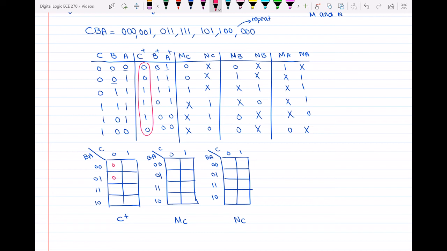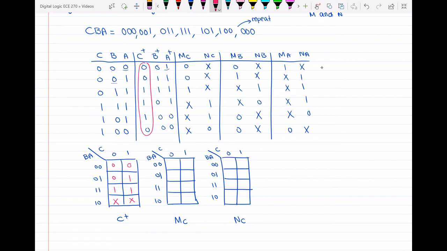Then 0, 1, 1 will be equal to 1. Then 1, 1, 1, we have 1. And then 1, 0, 1, we have 1. And 1, 0, 0, which is this cell here, we have 0, right? So you see that we don't have anything here, so we don't care about the value of C plus at this cell.